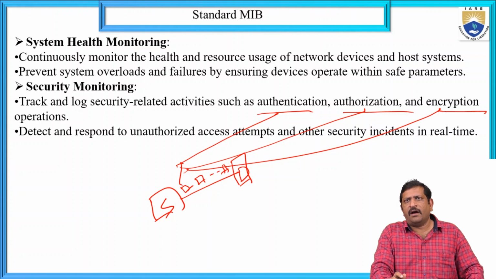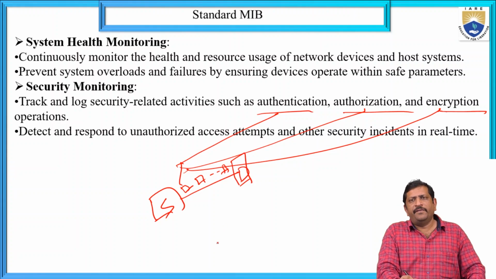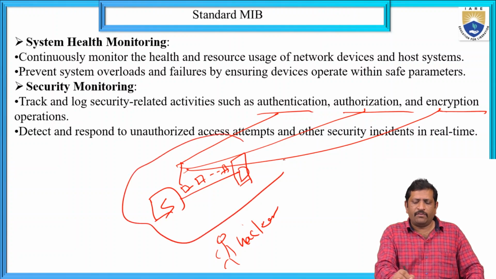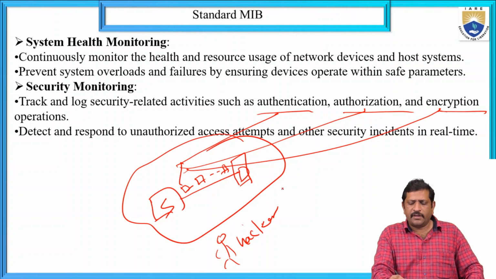If any hackers or intruders are attacking this data, it can be identified, along with any vulnerabilities over the network, whatever network you are using, whether it may be a private network or public network.